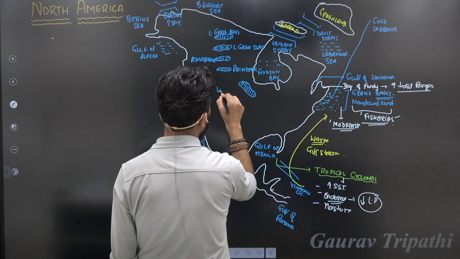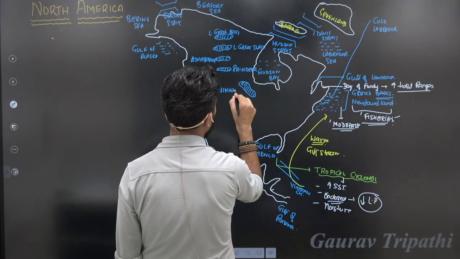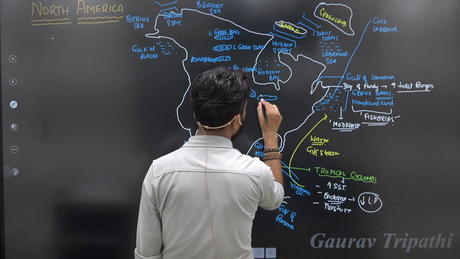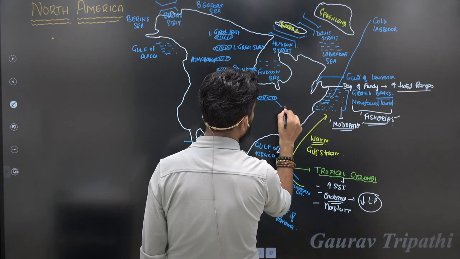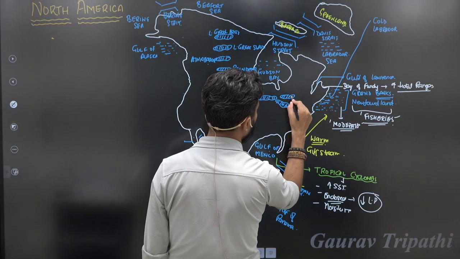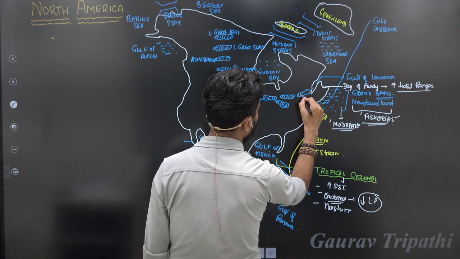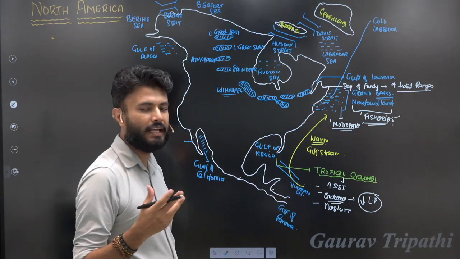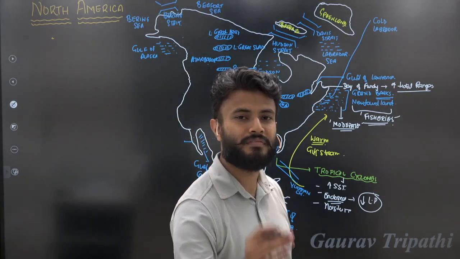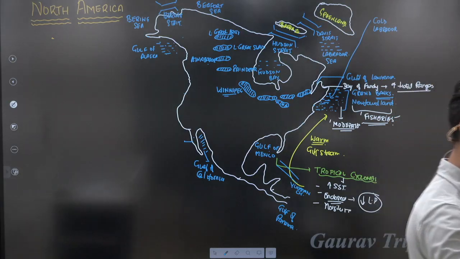So here we have Lake Winnipeg. After Winnipeg, then there are several lakes located in the vicinity. So some of the important lakes in this region is Lake Winnipeg, then we have Lake Superior, then we have Lake Erie, we have Huron, we have Ontario.